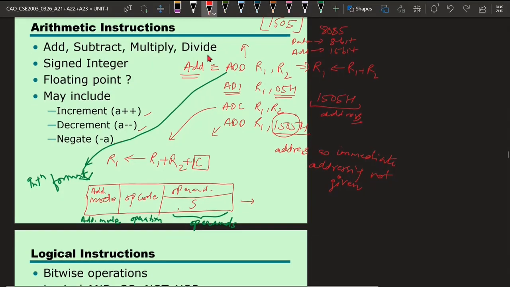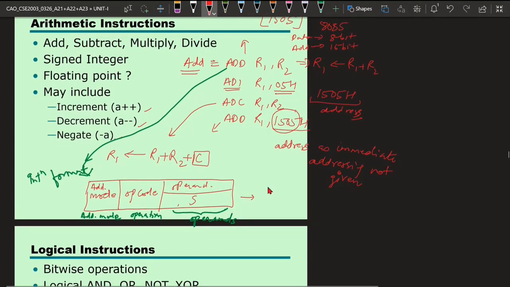Similarly, for multiply and divide we use mul and div as the instructions, and for subtract it is sub. Along with that, we can use these instructions as one address, two address, or three address. And we can do the operations either on signed integers or on floating point numbers.